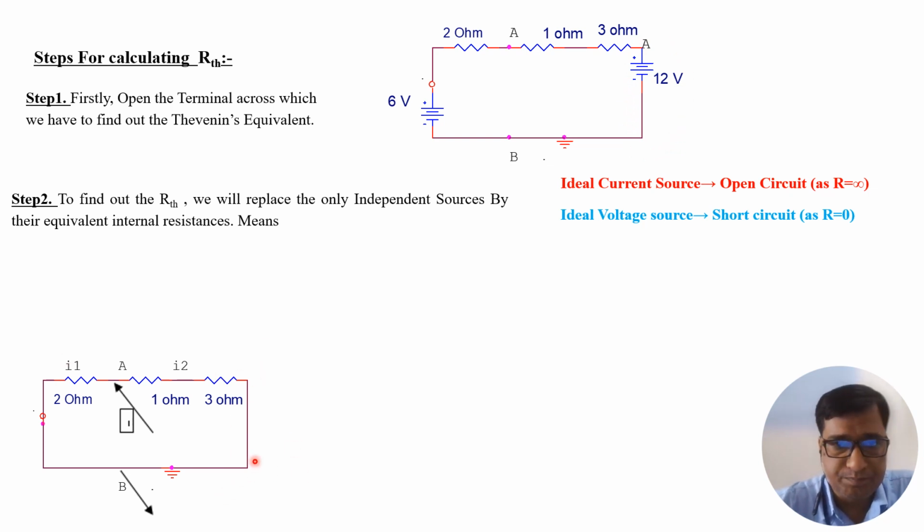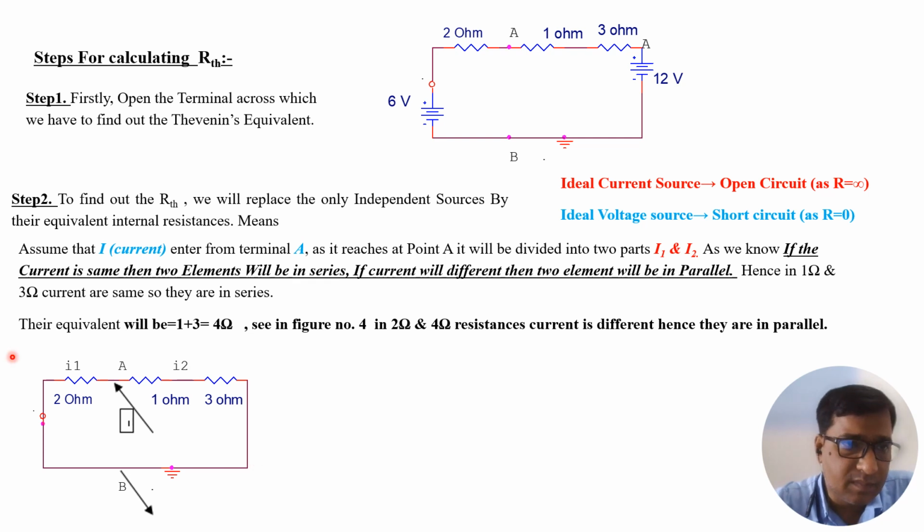The circuit will look like this. Now we'll consider a current I entering from terminal A and leaving from terminal B. As it reaches point A, it will have two paths. It can go via the 2 ohm resistance, and some part will go via the 1 ohm and 3 ohm path.